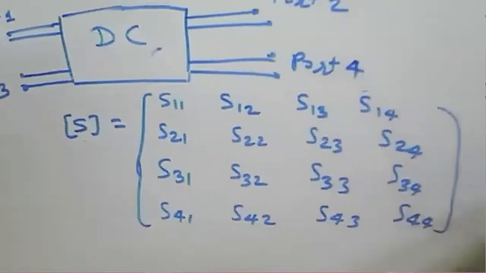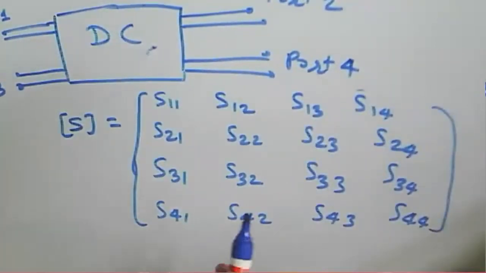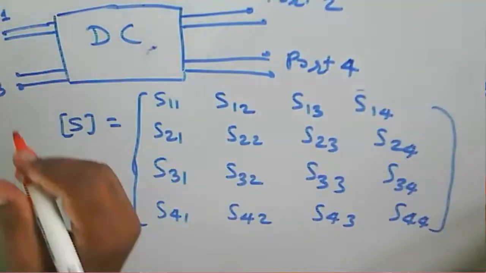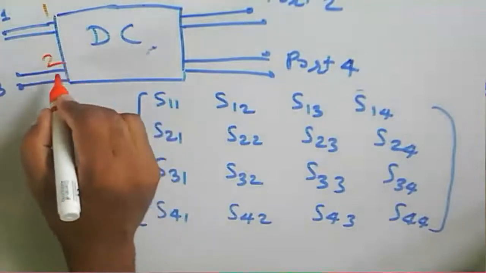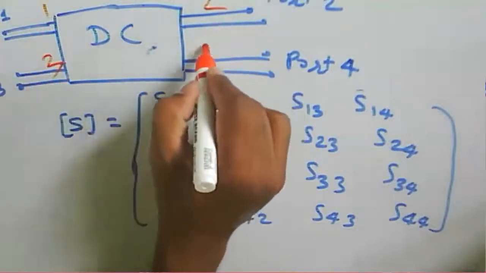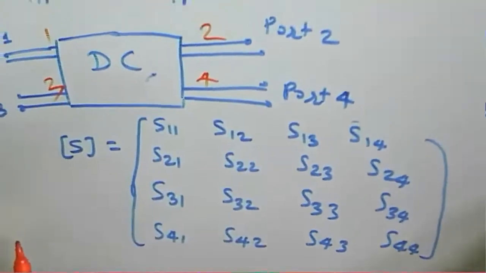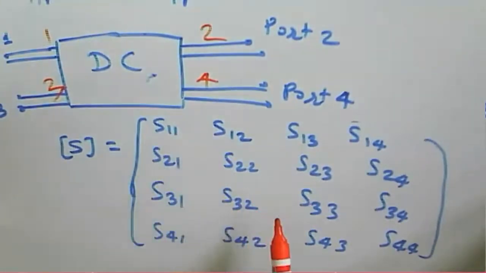The order of the matrix is 4 by 4. So we are getting the S matrix for the given directional coupler, and this one is port 1, this one is 3, this one 2, and this one is 4 here. So what are those components here?